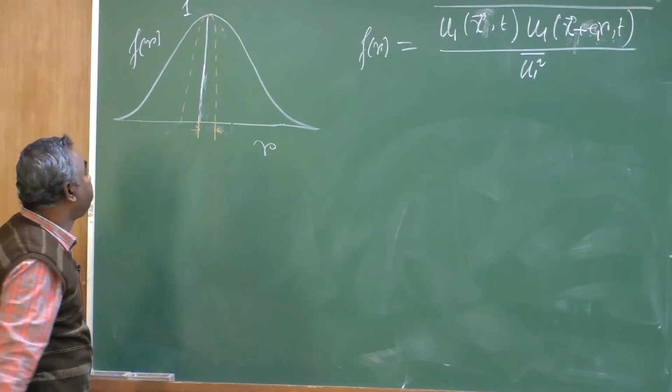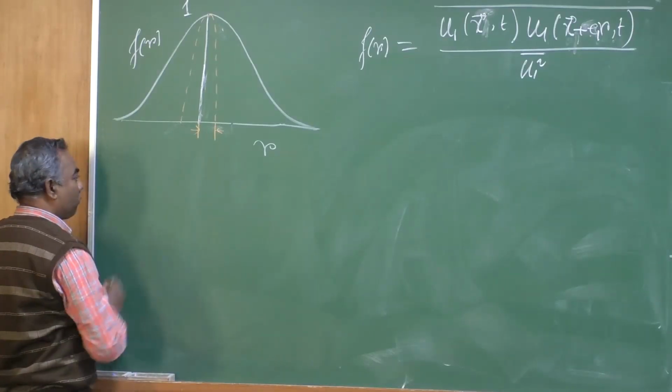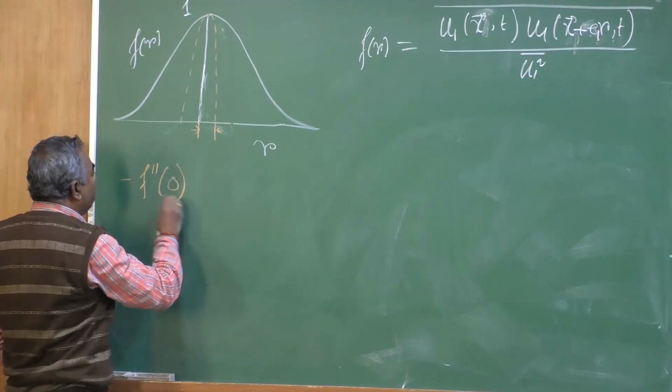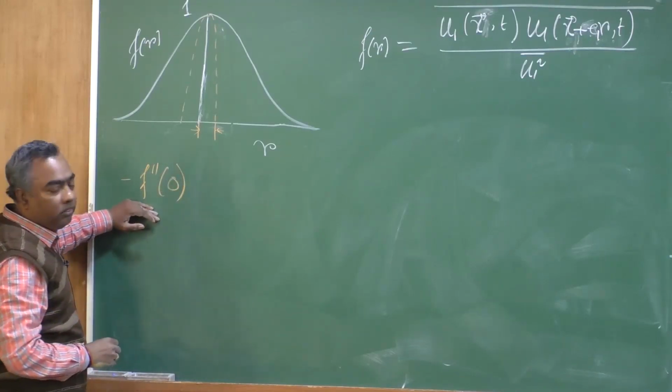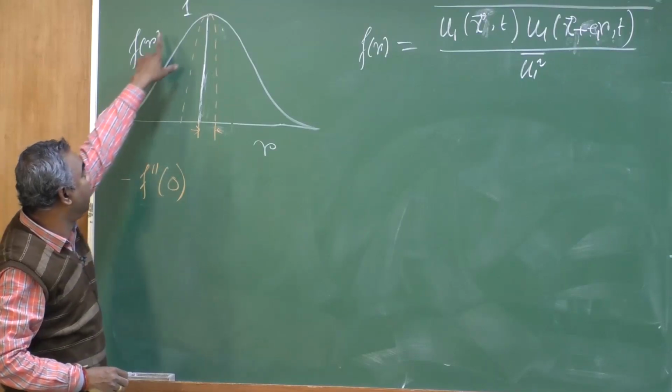We will see. To do that, we start with the quantity minus f double prime at 0.